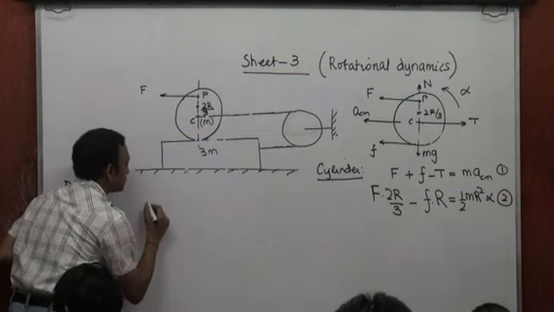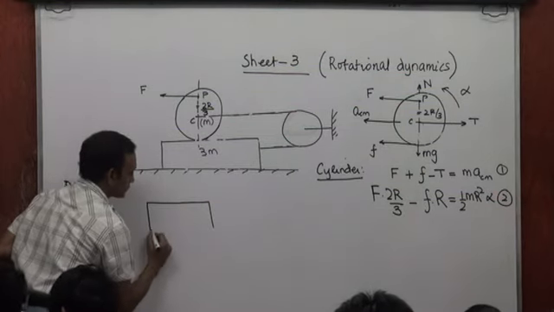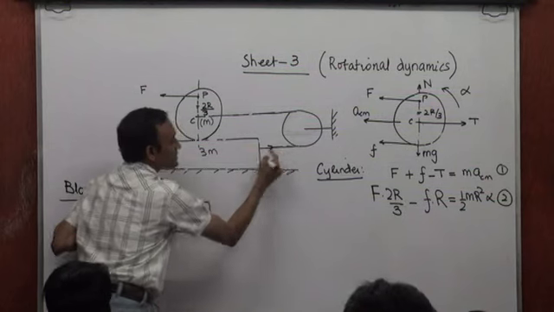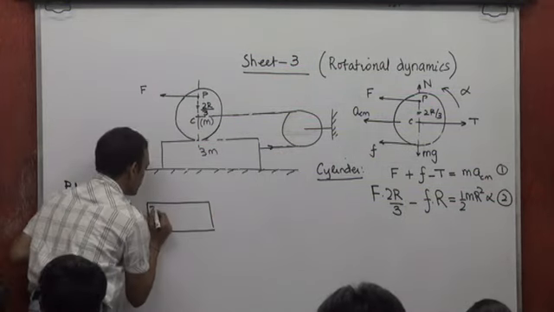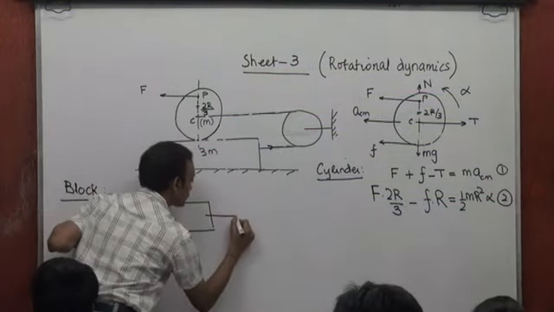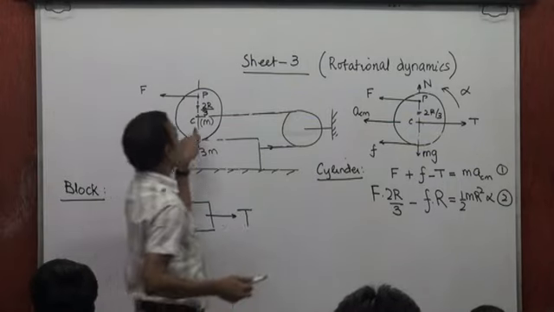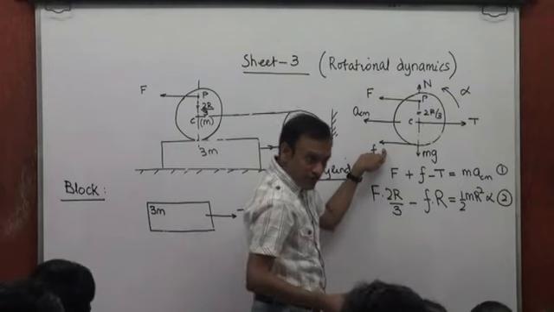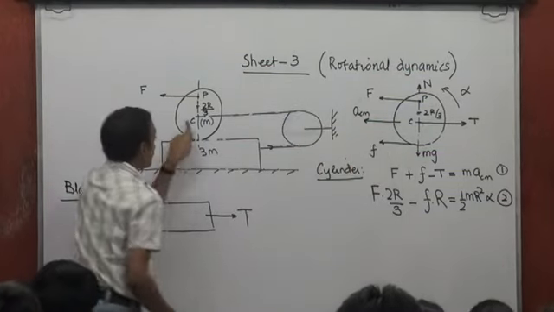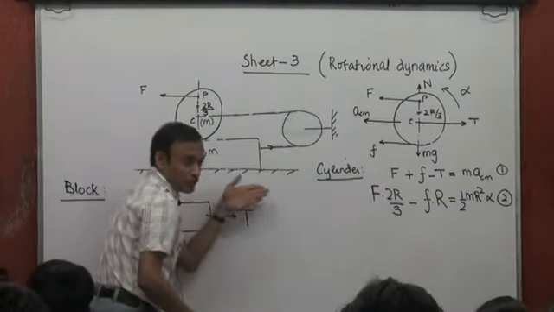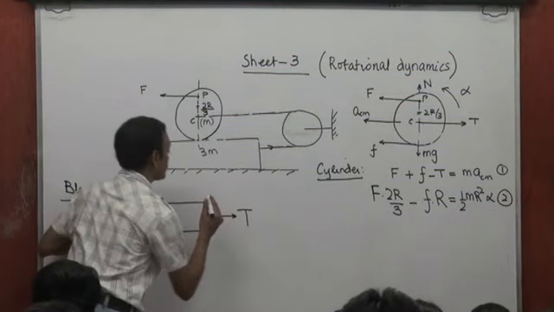For the block, of course, there is tension T acting to the right. The block exerts on the cylinder a frictional force F to the left. So the cylinder will exert on the block a frictional force F to the right.